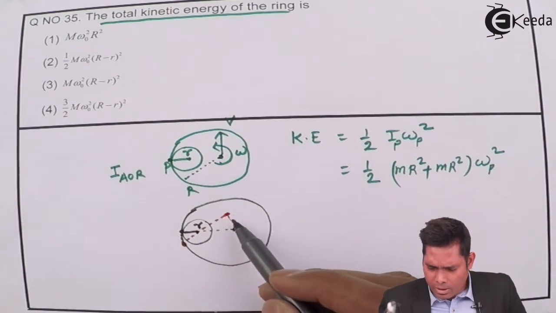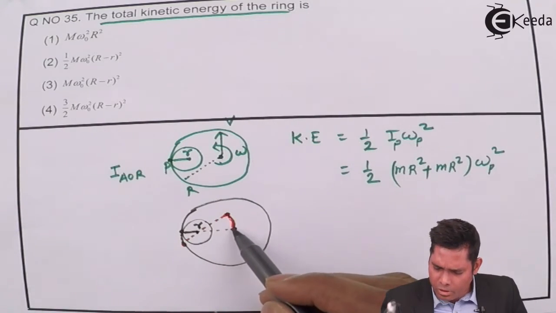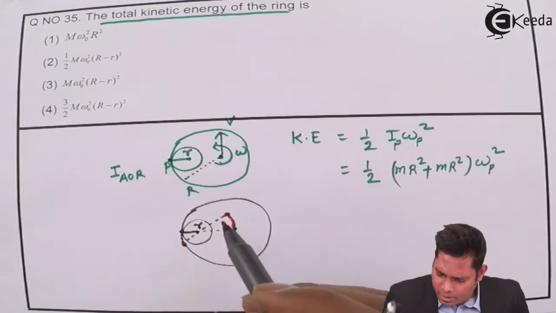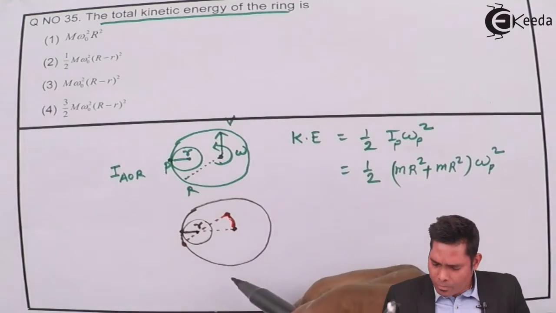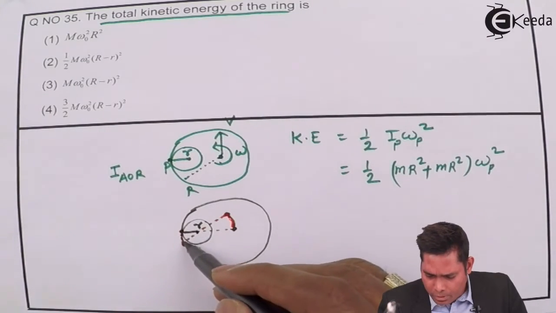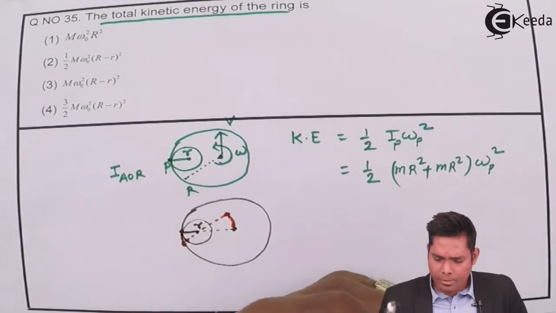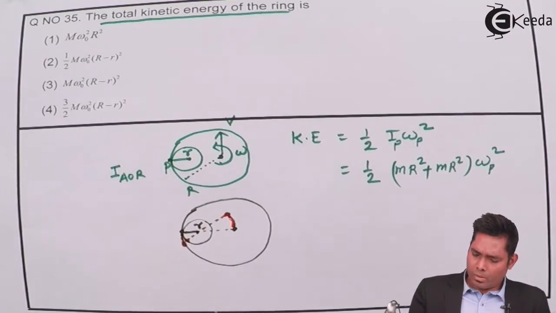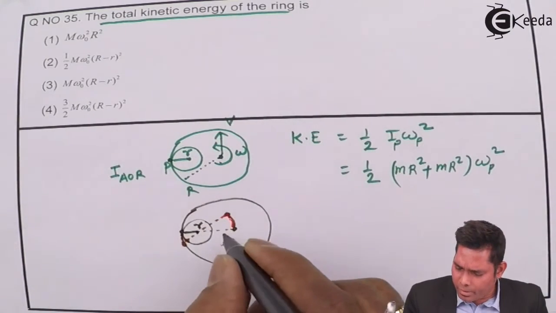Then you can see that this is the path followed by the center. This center will follow this path, and this point will follow this path. This will come inside here, because this point is moving in this way, this point is moving in that way.